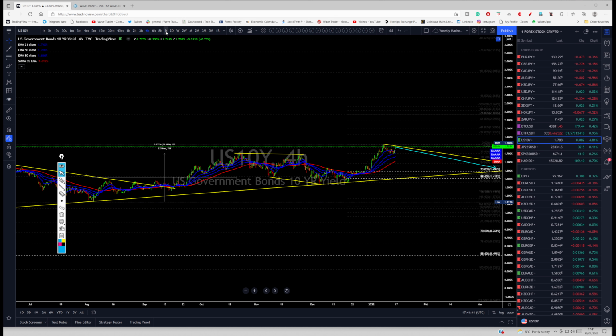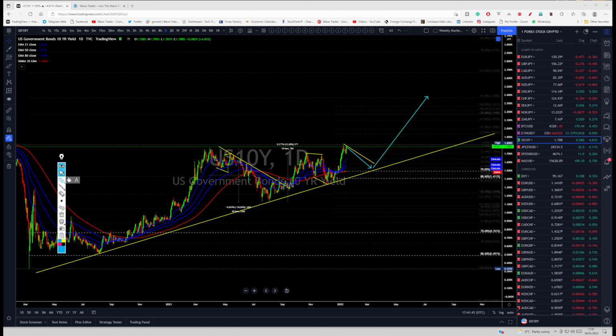Last time, if you remember, when yield was testing that previous top, we were expecting yield to drop up to this low, or at least up to 30 or 35 within these areas. It visited 35 and then went higher for the next leg. So in a similar way, I'm anticipating it to drag at least up to 150.